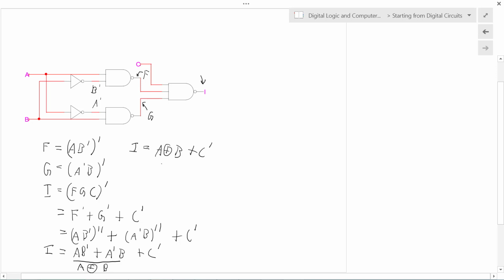Now, let's try doing this. Let's say Q equals A XOR B, and we can say I equals Q or C prime. We can use De Morgan's law again to simplify further and say I equals Q prime ANDed with C prime.